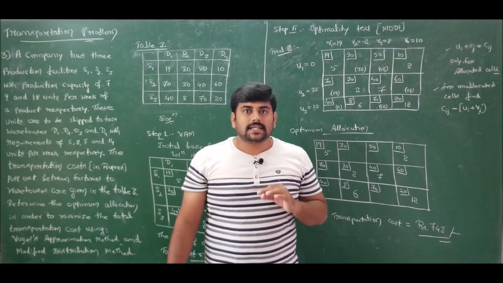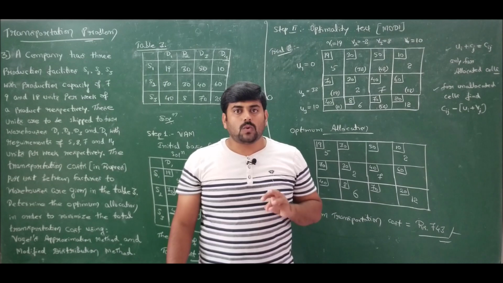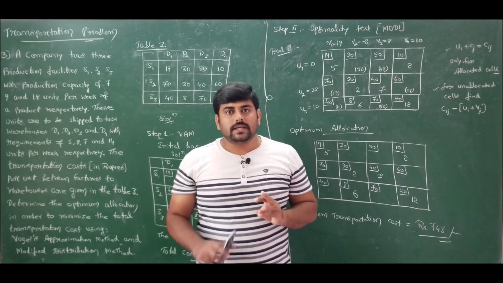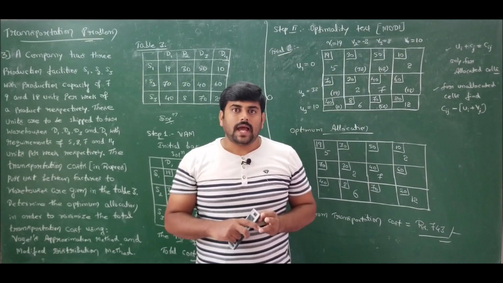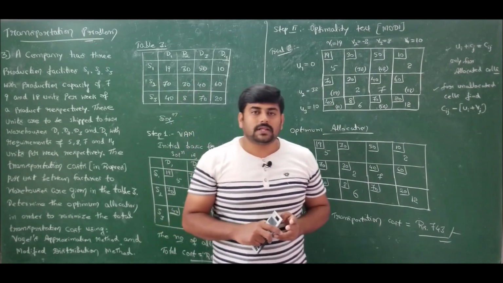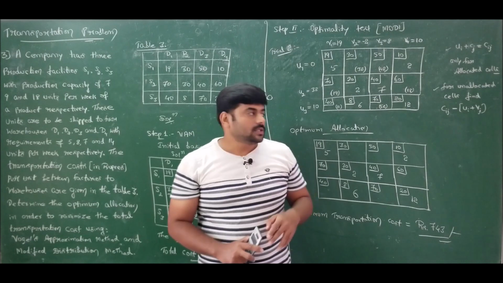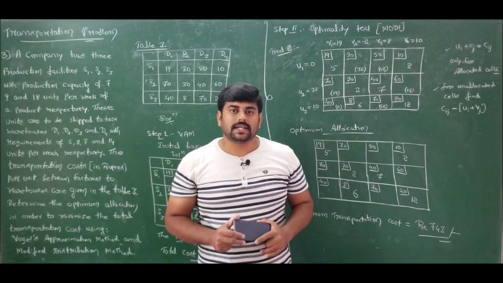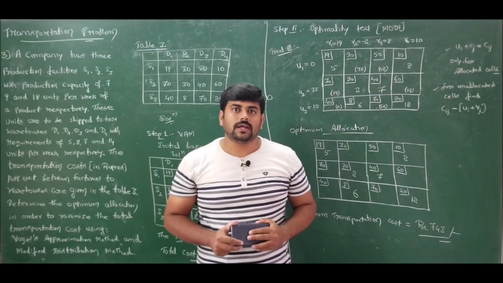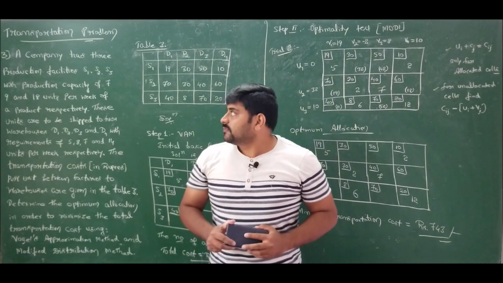Hence, unless otherwise specified, always use Vogel's approximation method to find the initial basic feasible solution and modified distribution method to find the optimum solution for the transportation problem. So this is how we will use modified distribution technique to find the optimum solution for a given problem. So this is the solution for problem number 3.